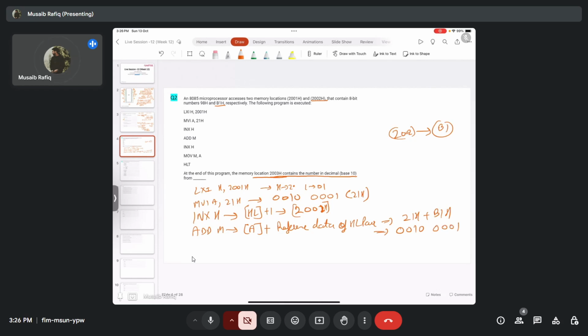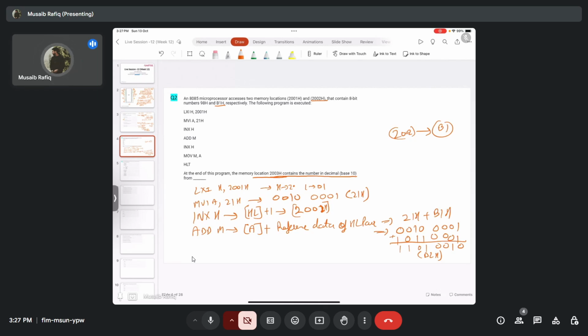B1 is equal to 10110001. So when you add it, it becomes 11010010. So it becomes D2 hex.